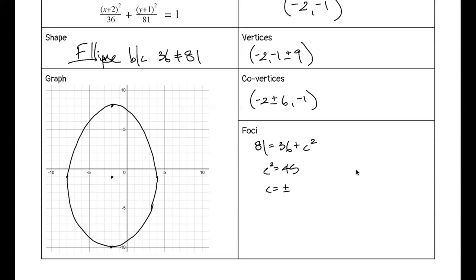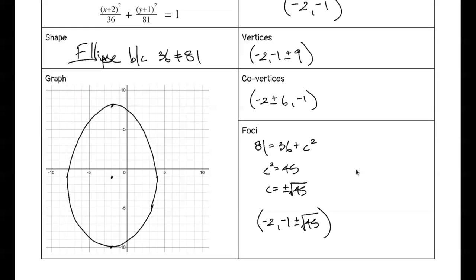c equals plus or minus square root of 45. And we can write our foci as, do I add this square root of 45 to the x value or the y value? That y value, right? So -2, -1 plus or minus root 45. And I believe that ends up being like we're adding about 6.7 to something.